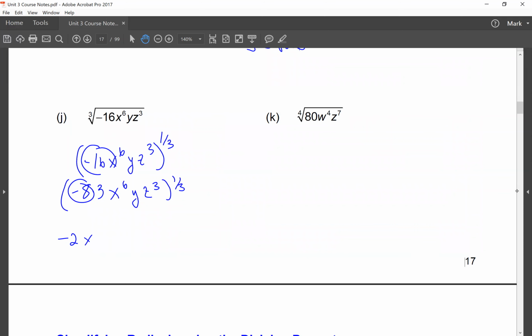The x, I can take 2 of those, and z, I can take 1. And what we're left with is 3y. And that's it. So anything I can take the cube root of, I can pull outside of this, and anything I can't, I put inside the radicand, is what it's called.